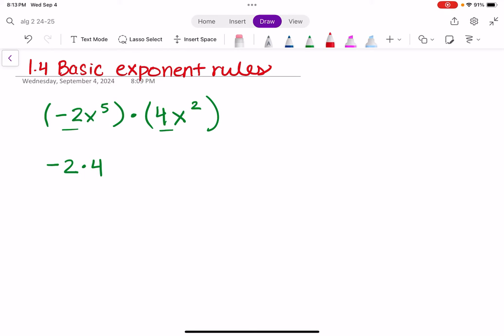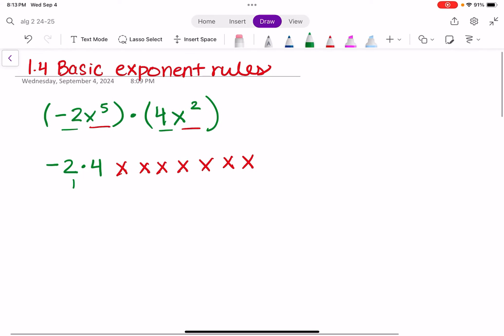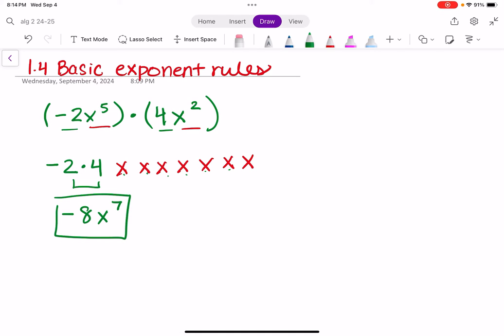And then we have 5 x's from here, 1, 2, 3, 4, 5, and we have 2 x's from here, 1, 2. So essentially, negative 2 times 4 is negative 8, and if we count how many x's we have, 1, 2, 3, 4, 5, 6, 7, we have 7 x's. So we can write this as negative 8x to the seventh, and that is the product of these two things.